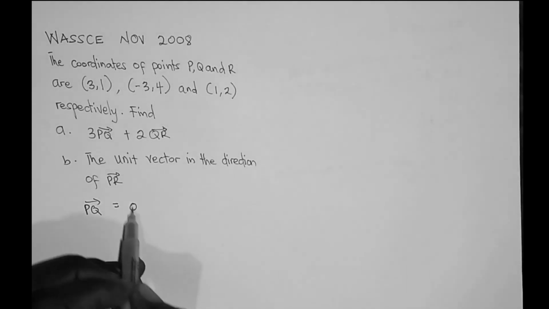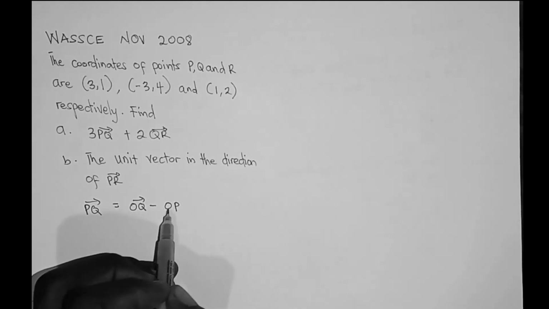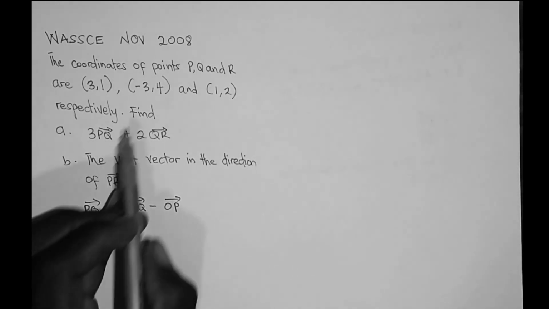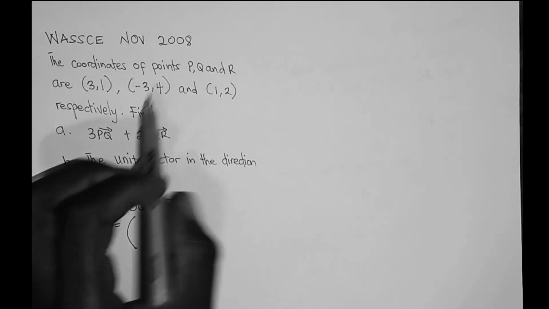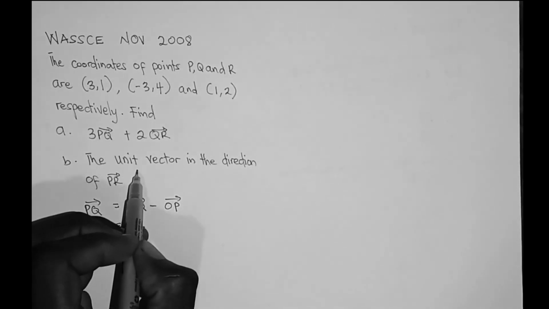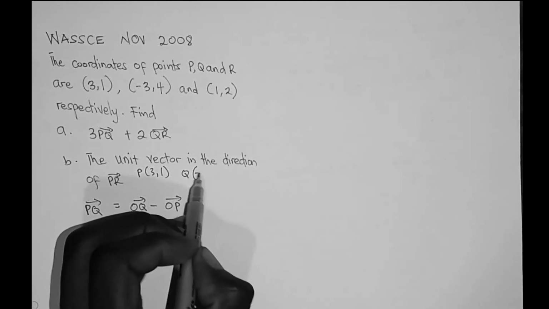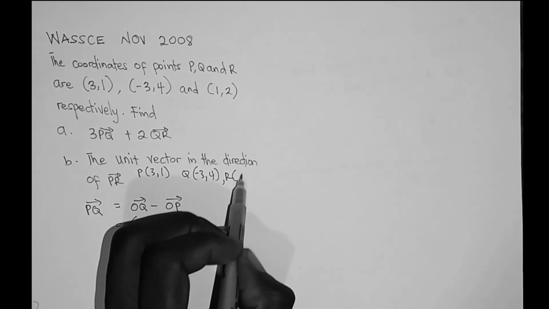PQ is the position vector OQ minus the position vector OP. Let me first write the vectors down. So it's PQR. So that means that P is 3, 1. And then Q is minus 3, 4. And then R is 1, 2.